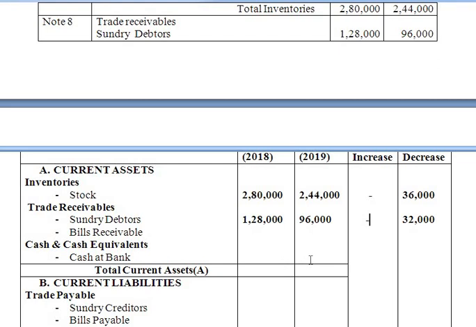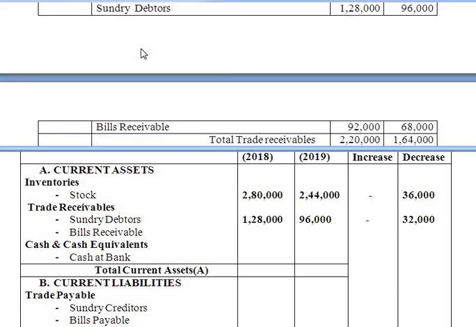Next item in the trade receivables is bills receivable. The amount of bills receivable is 92,000 and 68,000. So here 92,000 and 68,000.